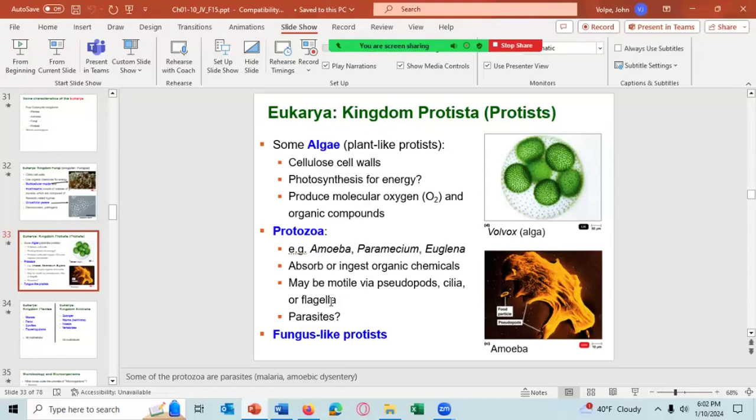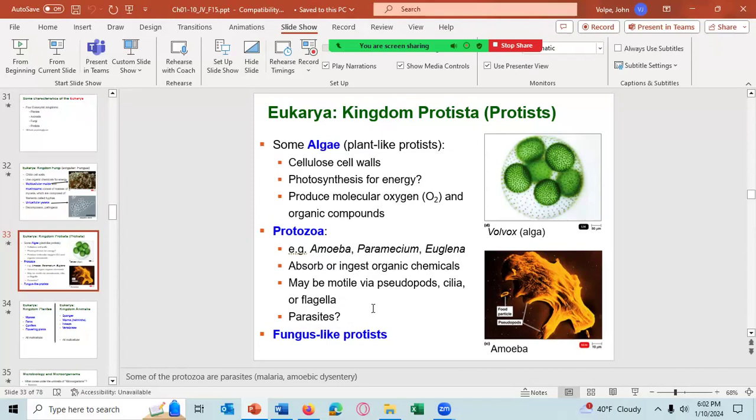But the eukaryotes can move in 3 different ways: pseudopods, cilia, or flagella. If we're talking about a cell, obviously people can move by walking, but that's because we have legs. Some of the protozoa are parasites, and some of them do cause disease in humans.